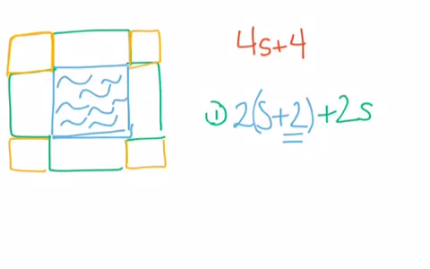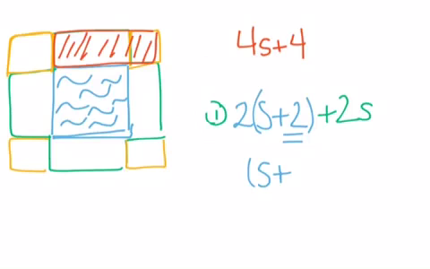Alright, let's think of another way I could break this up. Maybe we want to just group together a side and 1 corner. So that group would be a side, or S number of tiles, and just 1 corner. Now I have to figure out how many of these exact groups I need to surround the whole pool.